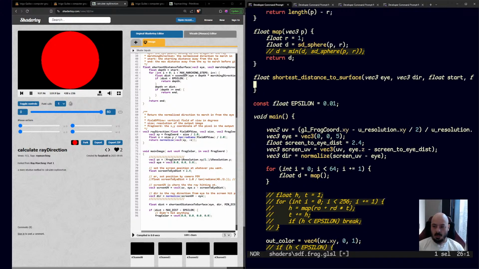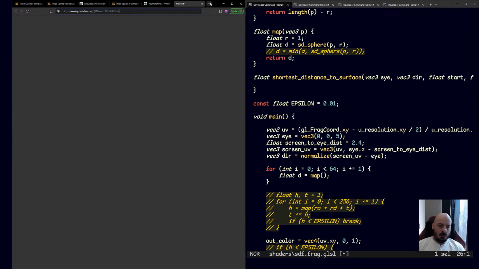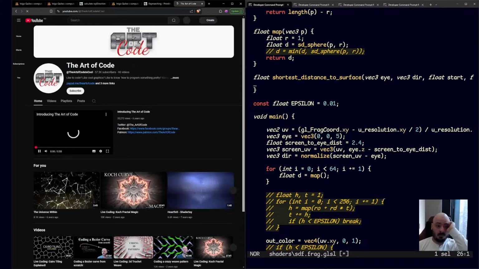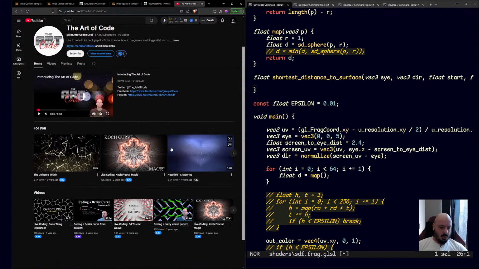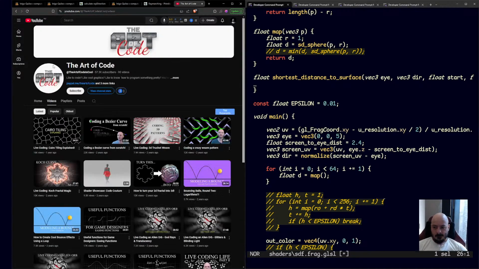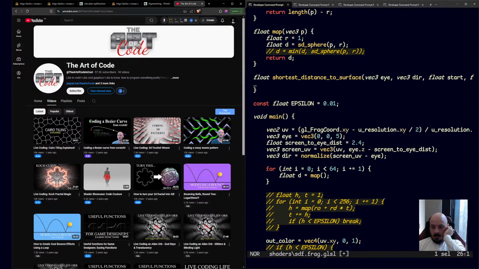Do I know The Art of Code? Is it cool on YouTube? No, I don't. Let's have a look. Oh, nice. Shaders. Shader things. Ray marching. Dandy says this is for OpenGL, not Vulkan, but it is a really nice summary. Oh yeah, Learn OpenGL is a really good resource.